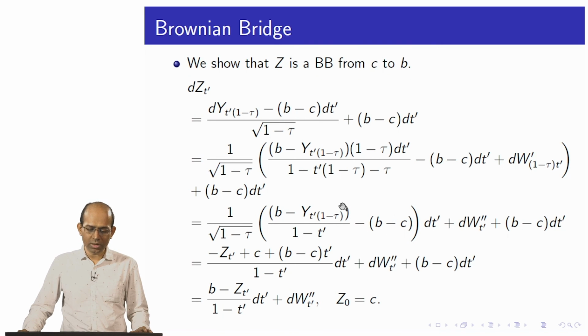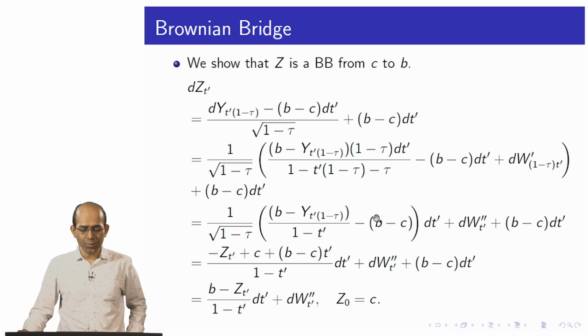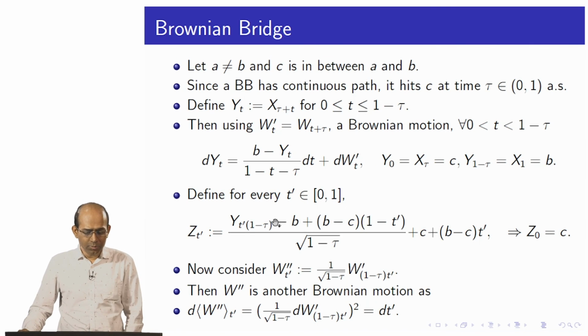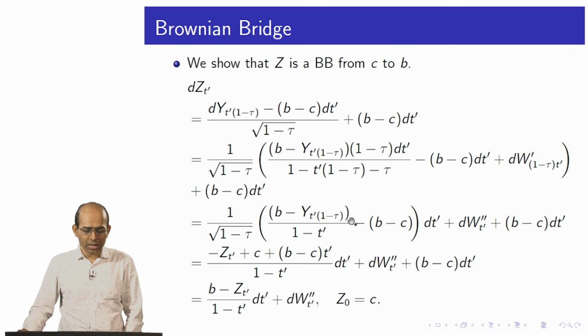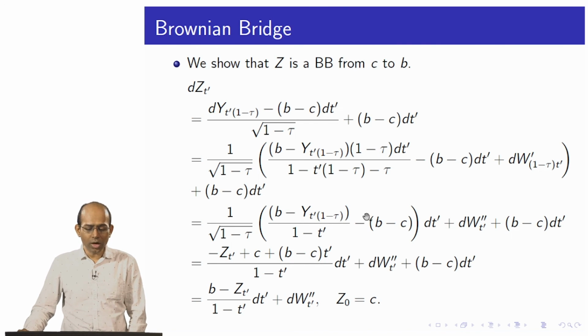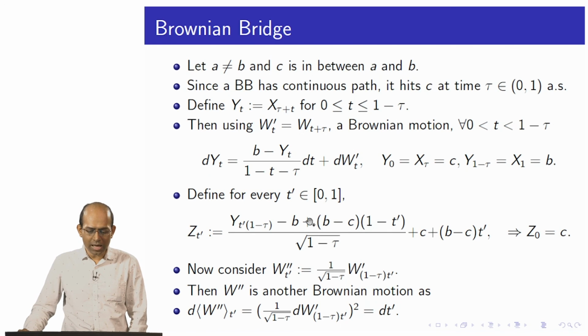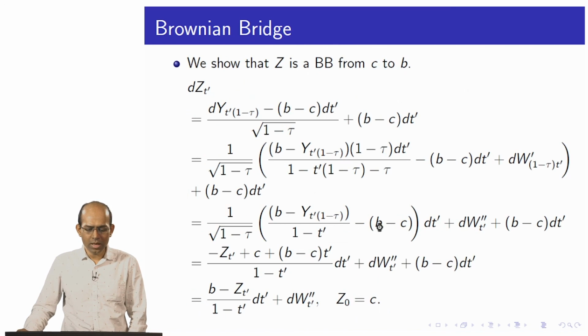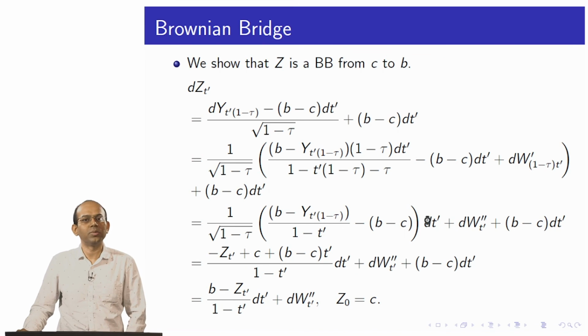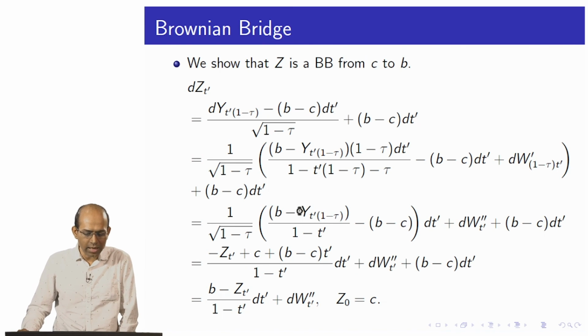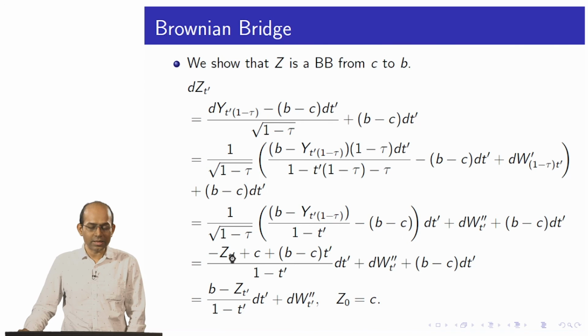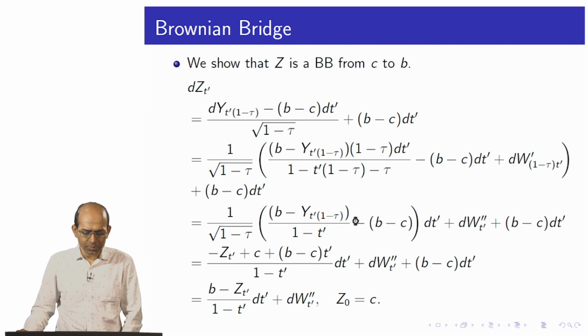So, this would appear in the numerator because 1 minus t prime is here, correct. If I put it in above, I would get that, and then this y and minus b also is here. So, only the sign is negative. Here I had plus b minus c into 1 minus t prime, here we had minus b minus c into 1 minus t prime, and only the sign is negative. So, I would get minus z t prime from there.